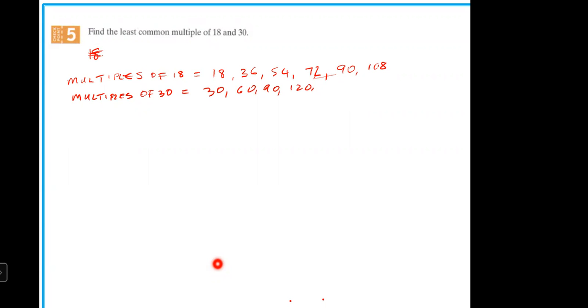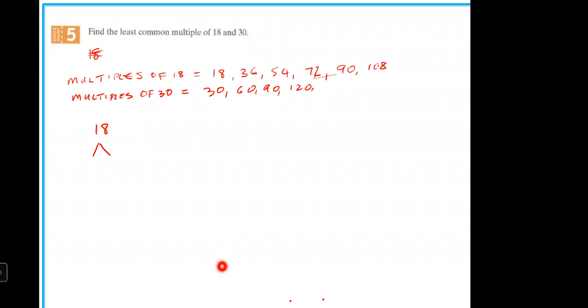But other than that, you could do the prime factorization. So you could say 18. What numbers multiply to give you 18? Anybody? Give me 2 numbers that multiply to give 18. 2 factors of 18. Oh, I have to call a name in.